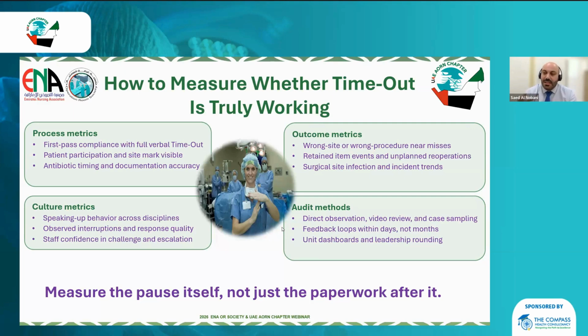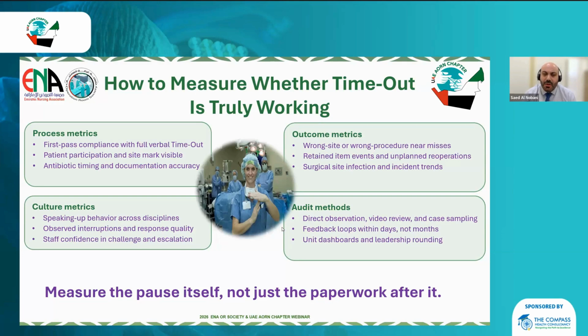It needs to state the site: right leg, left leg, right lower quadrant, left lower quadrant, whatever. And second, the antibiotic timing. As we mentioned in the introduction, antibiotic timing is very important, and it should be given 30 minutes to 1 hour before the surgery or before the incision.